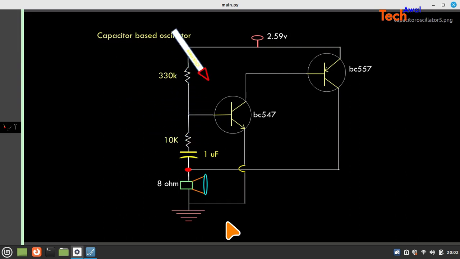So the tick will not be that fast because charging and discharging will take time, and it is 2.59 volt, but it works. An 8 ohm speaker I could not arrange, so I have used an old mobile speaker. Otherwise it is 10K and 330K, a BC 547 NPN transistor and a BC 557 PNP transistor.